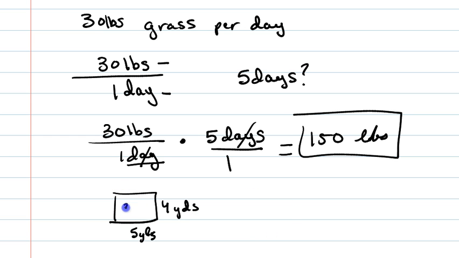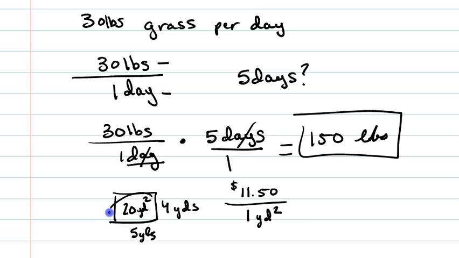That means that my entire area is 20 yards squared. Let's say that for every square yard of carpet, it costs me $11.50 per 1 yard squared. This would be a rate, and specifically a unit rate.